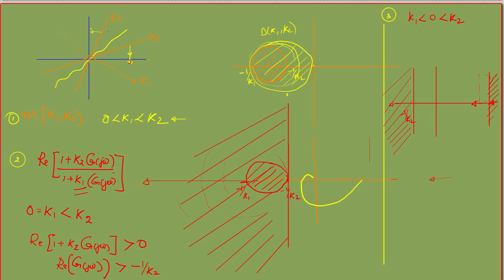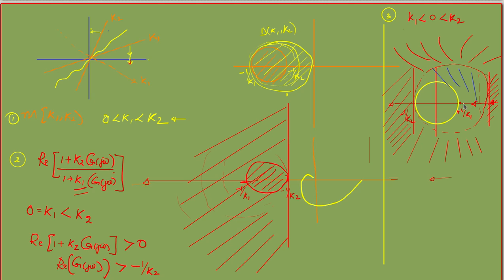Slowly each part becomes forbidden, and then it becomes a curve like this, a circle which is forbidden. If it approaches −1/K1 here, which is definitely positive, so it would be 1/K1 here, slowly we will get a disk here which is the safe region. All other regions are unsafe.